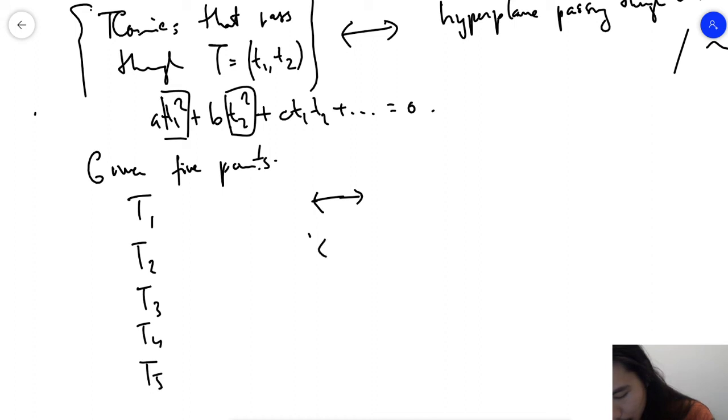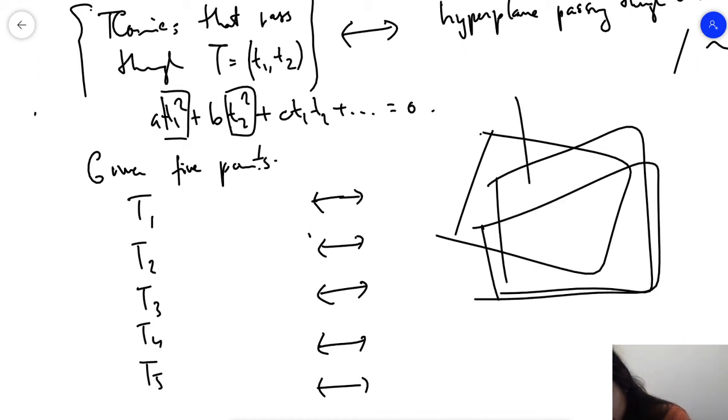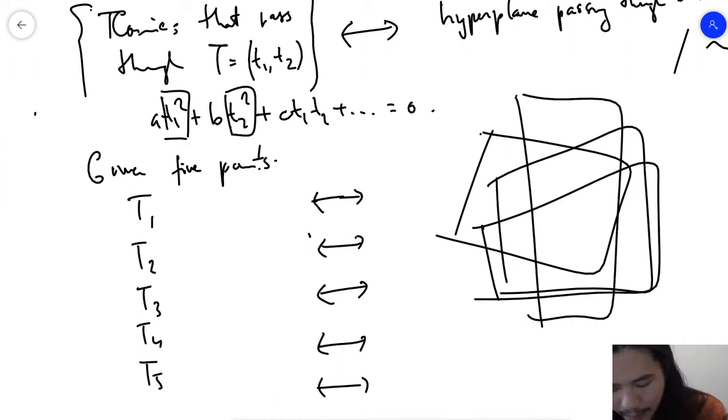So that means we have 5 hyperplanes, something like that. And we know that in R6, by standard linear algebra, these 5 hyperplanes in general position intersect at a line.